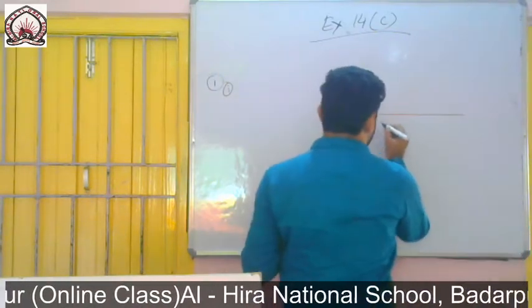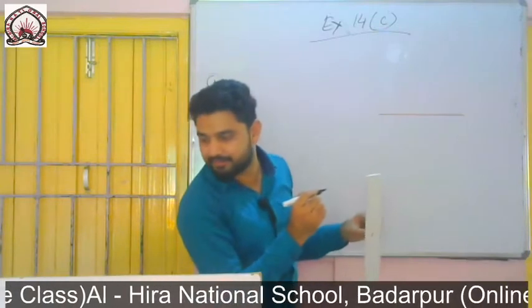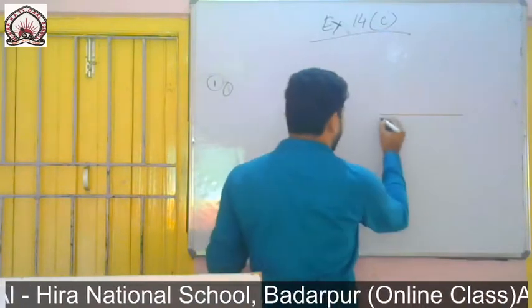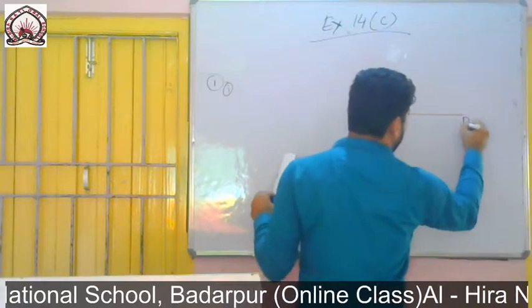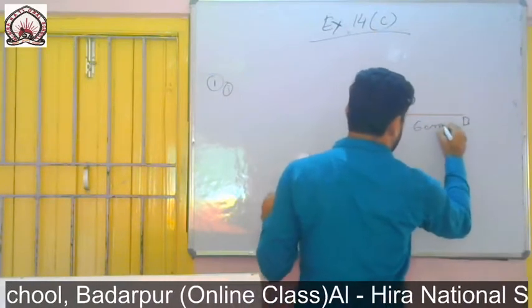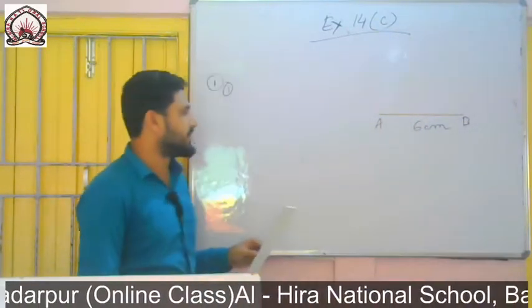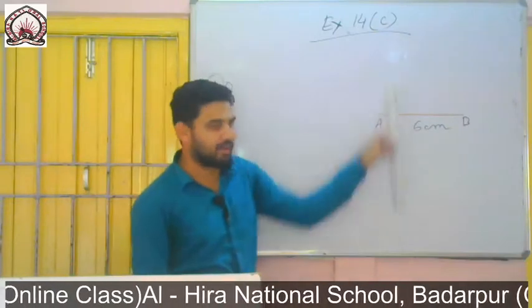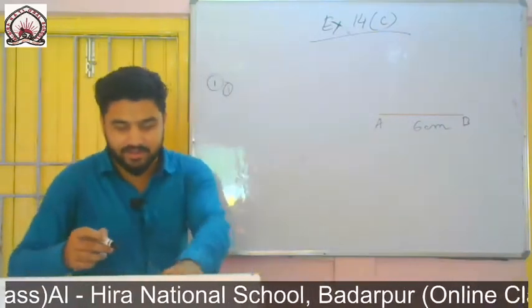Suppose you give the name AB, AB equal to 6 centimeter. Now I have to draw the perpendicular bisector. You see how to bisect.